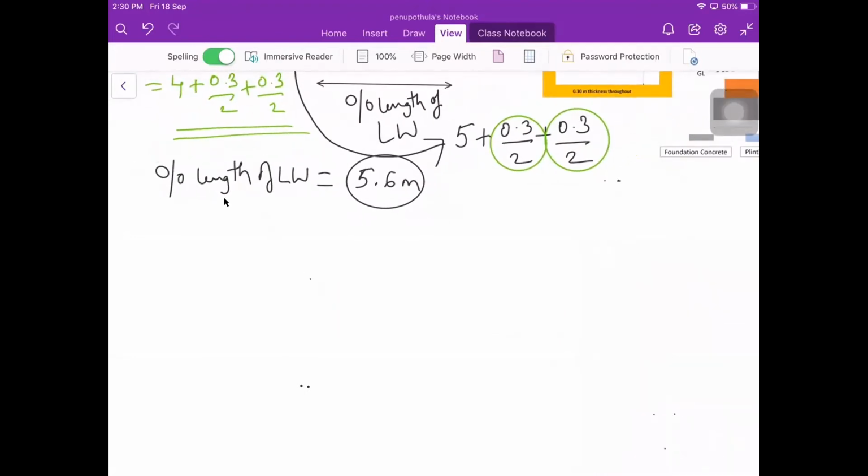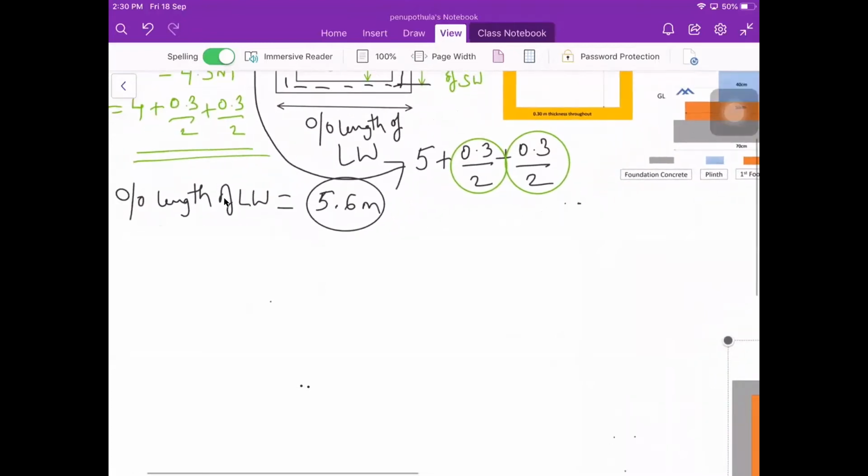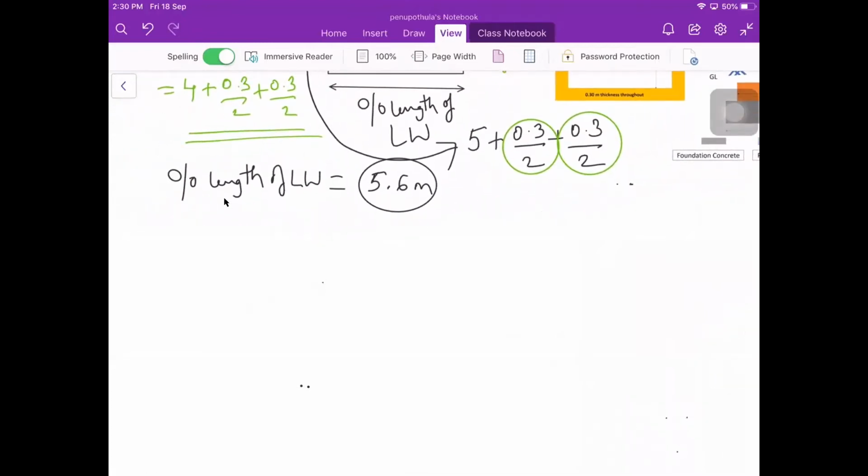So out to out length of long wall. How did you get this? For easy cases, we can easily see it here: 5.6 meters. It is very easy to detect it here.